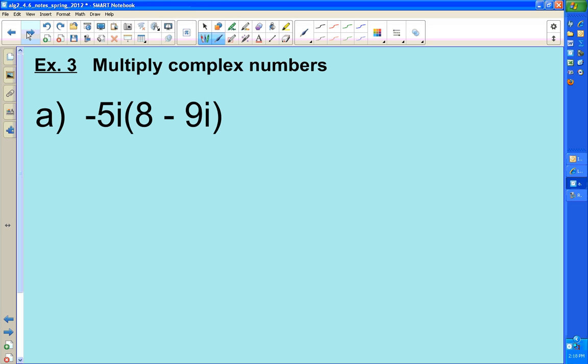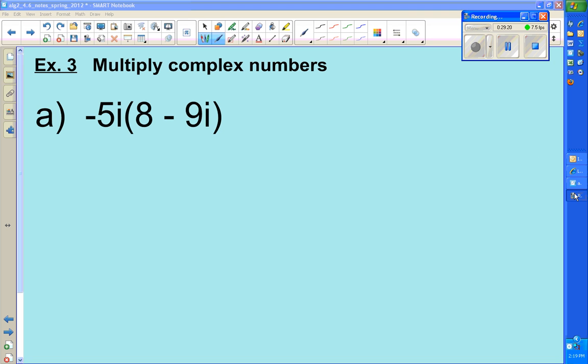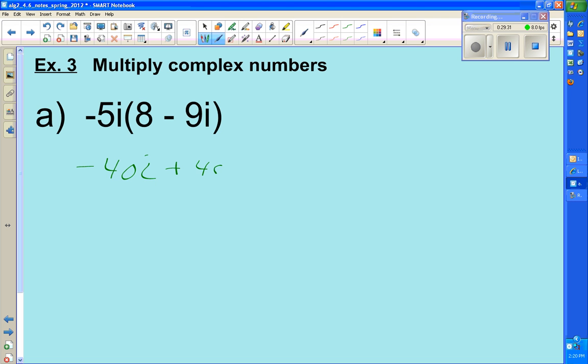Okay, this one should be easier. But some of you are going to write the answer wrong. Those of you who put negative 40i plus 45i squared, negative 40i minus 45, and you left it like that, that's not an acceptable answer.